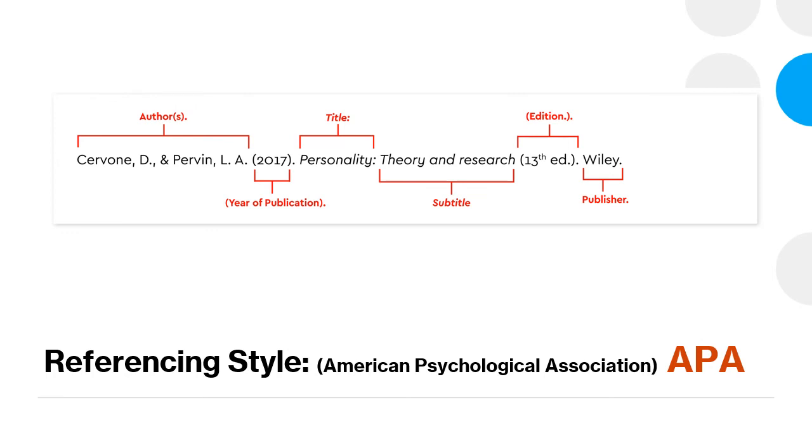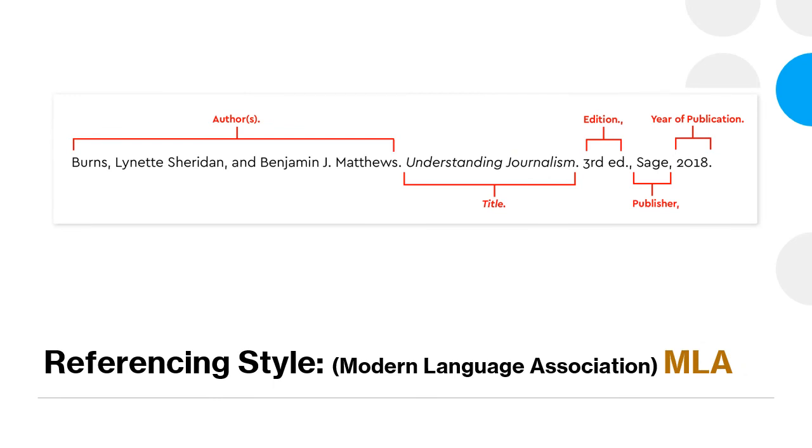If it is a book, you will write the edition of the book also, and finally the publisher. So author, year of publication, title, subtitle, edition, and publisher you will write. In the case of the referencing style under Modern Language Association, MLA, you will write the author's full name, title of the study or the book, edition, publisher, and year of publication.